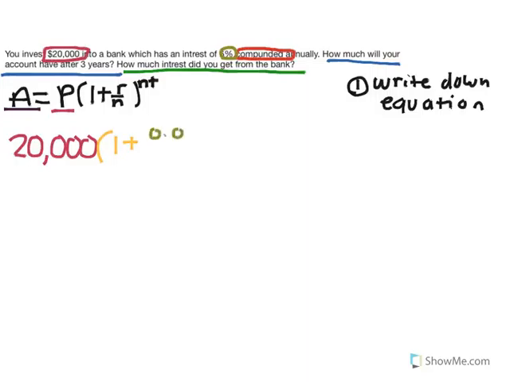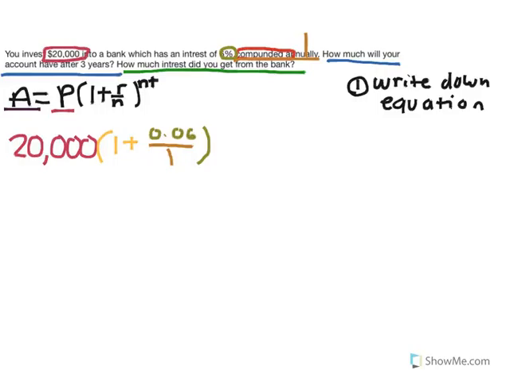So 6% is 0.06 as a decimal, over N, which is the number of times compounded, and it says compounded annually. So that means it's only done one time a year.